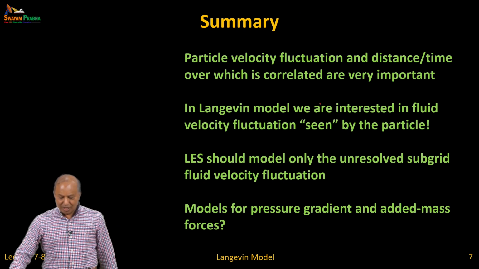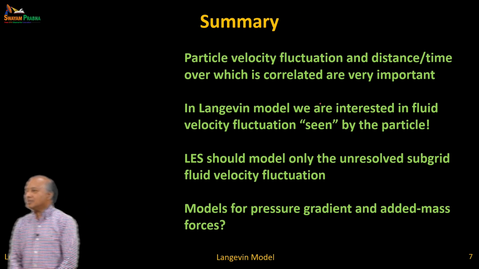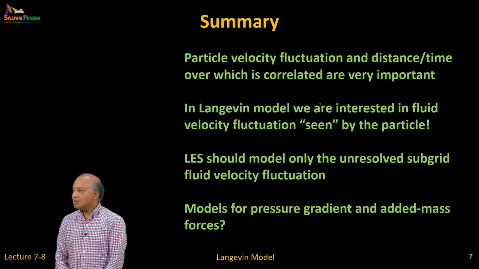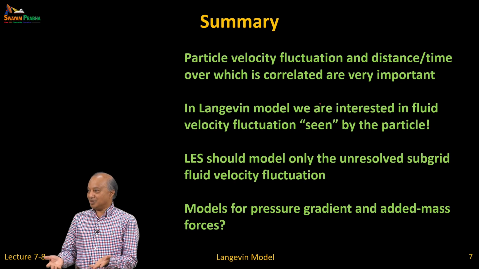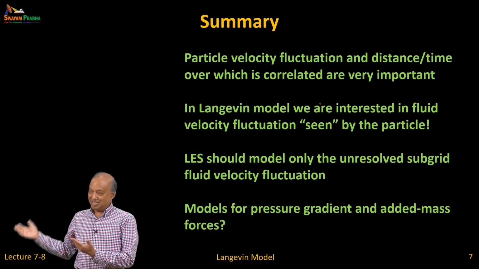Okay, so to summarize, what are the limitations to it, like where can we use this model and where we cannot use this model? You can use it everywhere. I mean, wherever you did not compute turbulence, and you want to know what that turbulence that you did not compute does to particles, you got to do something. And this is the best approach.